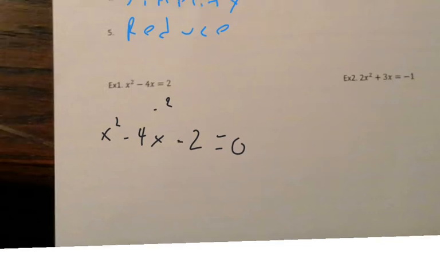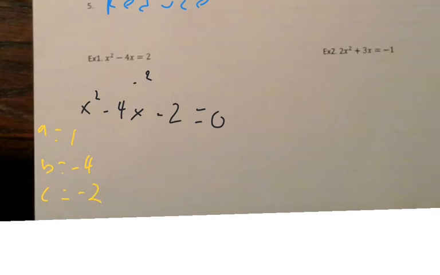So now our second step says to find our a, b, and c values. So we can see a equals 1 because it's only x squared, there's nothing in front of the x squared. B equals negative 4, and c equals negative 2.